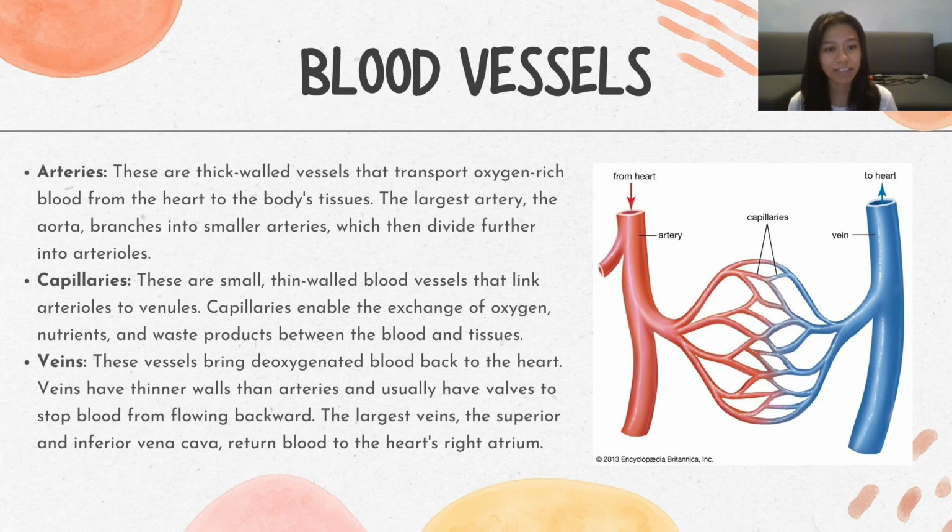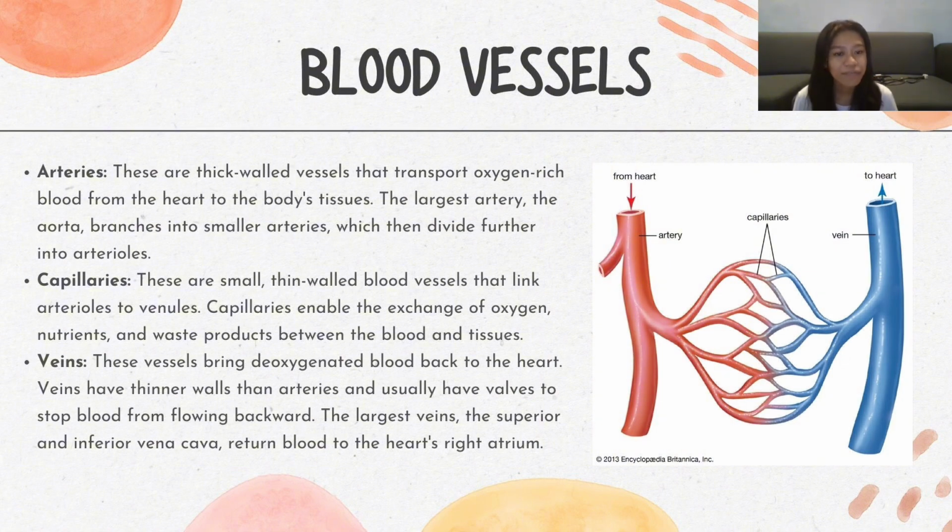And then the largest artery is the aorta, which branches into smaller arteries and then eventually into arterioles. So kaning capillaries, mao ni siya ang tiny thin-walled blood vessels na mag-connect sa ato ang arterioles to venules. So these capillaries facilitate the exchange of oxygen, nutrients, and waste products between blood and tissues.